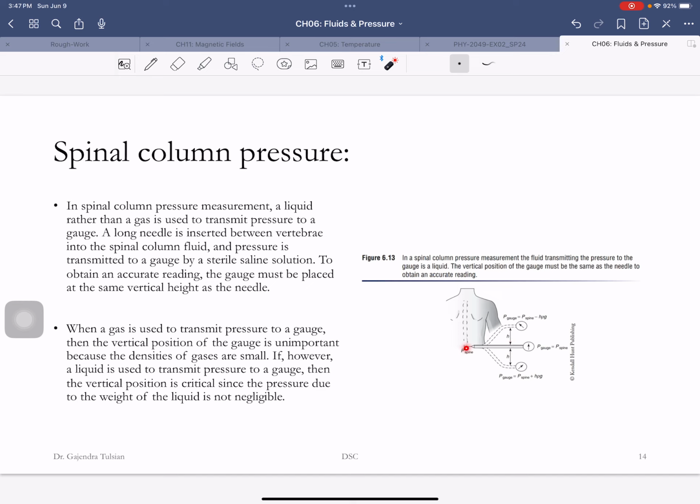If you want to measure the pressure at that point, the patient has to be standing, and the syringe has to be horizontal. If it's tilted like that, you'll measure too low a pressure, and if it's like this, you'll measure a higher pressure. So that's where the gauge is. This has to be horizontal.